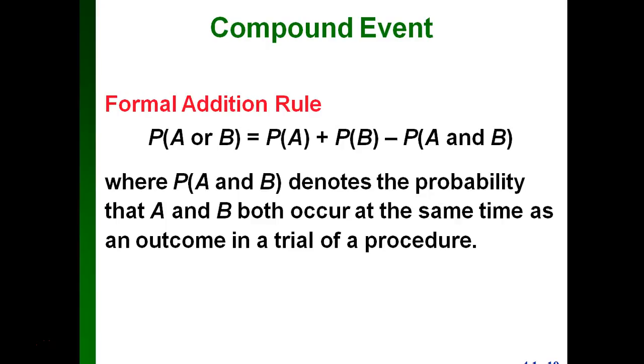So we're looking for where the probability of A and B can both happen at the same time. With cards, we see this a lot. So maybe you want to know the probability of flipping a jack again, but maybe also a heart would be a good card. So for the probability of flipping a jack or a heart, I would have to find the probability of the jack, which we know, 4 out of 52.